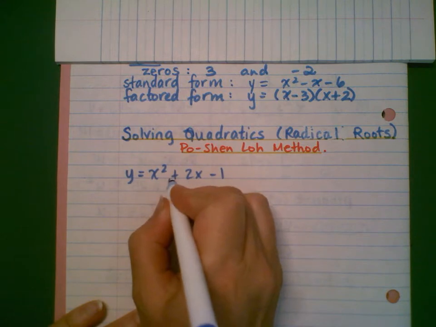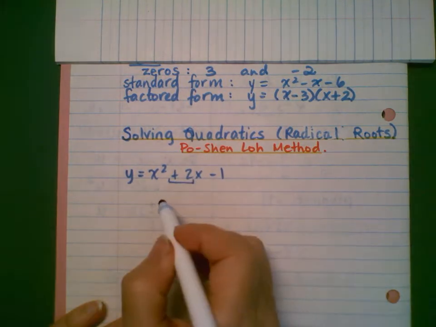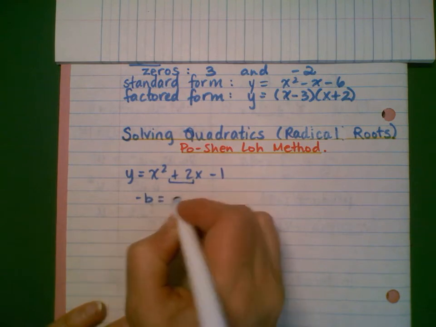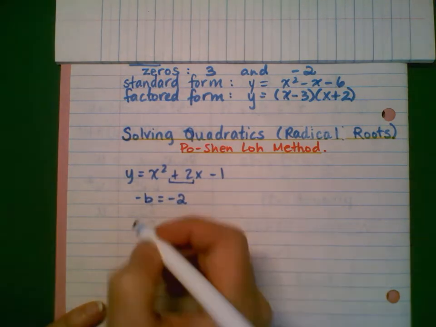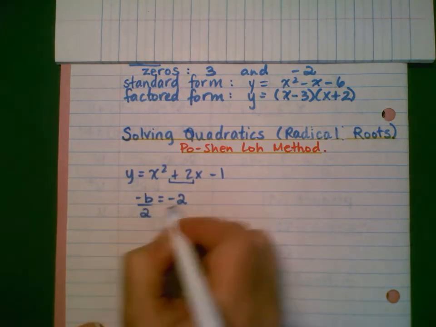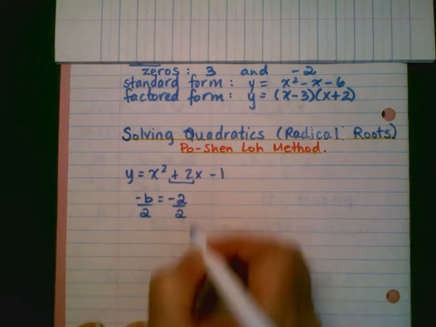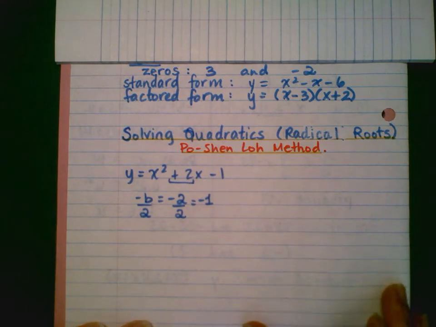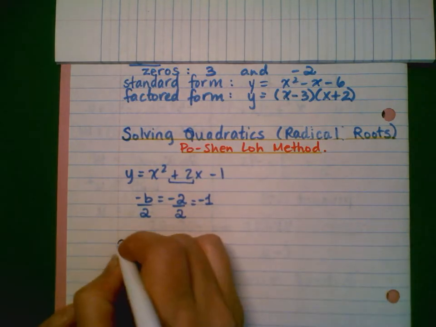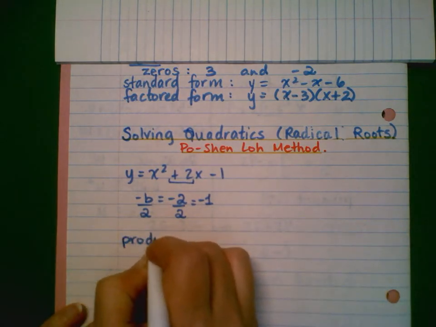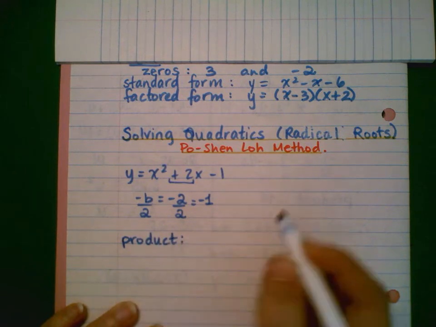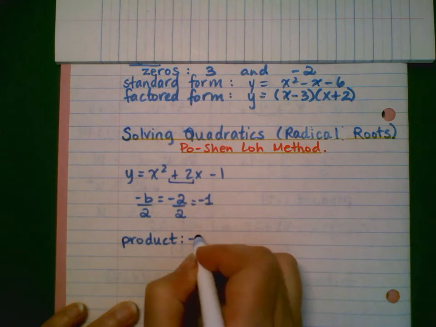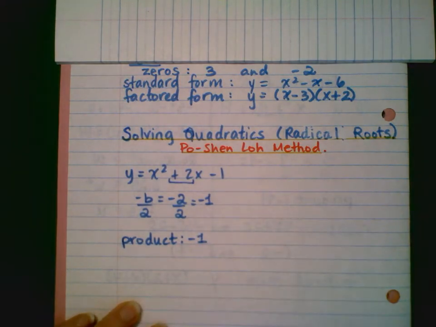Okay, so using this Po-Shen method, we're going to find -b, so that's -2. We're going to divide that by 2, so that is -1. And the product value is coming from the constant term at the end here, which is also -1 in this case. It's just coincidental.